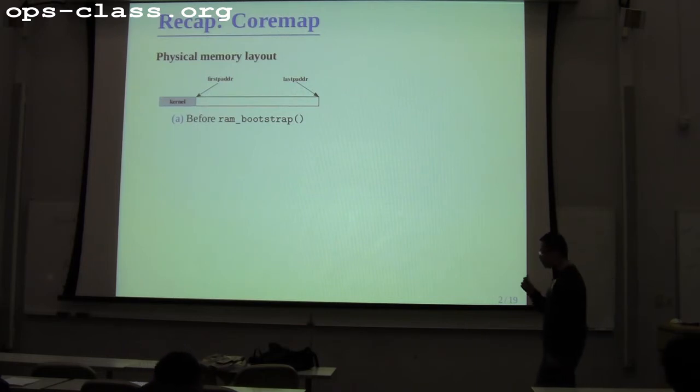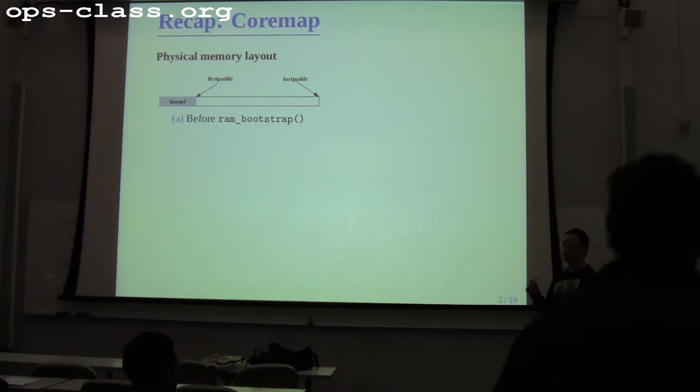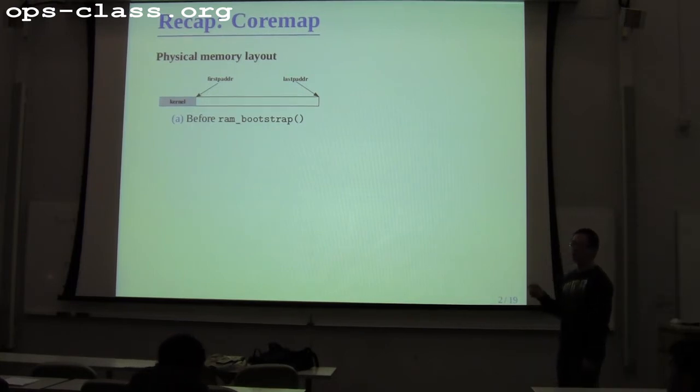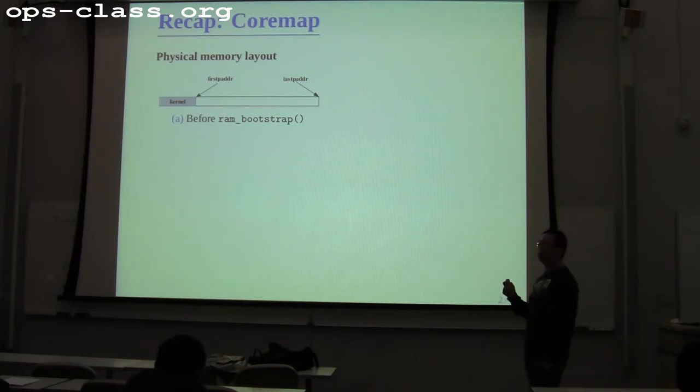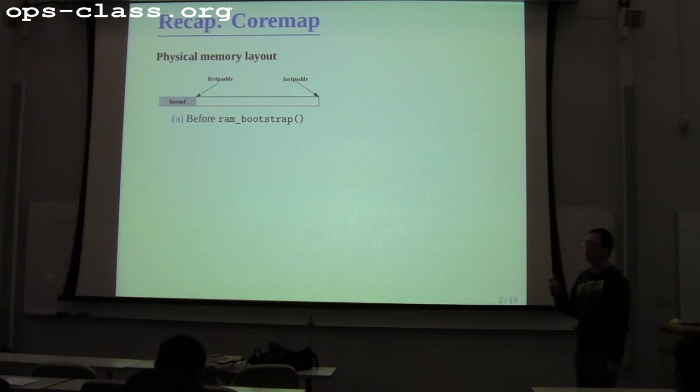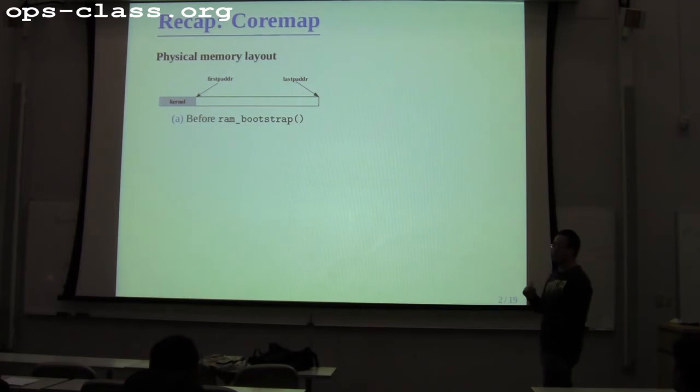And we know that after ram_bootstrap, there are a bunch of other bootstrap functions like thread bootstrap, kprintf, or console bootstrap. In those functions, they may call kmalloc, right? Which will in turn call alloc_kpages. But at this point, you don't have alloc_kpages set up properly yet.